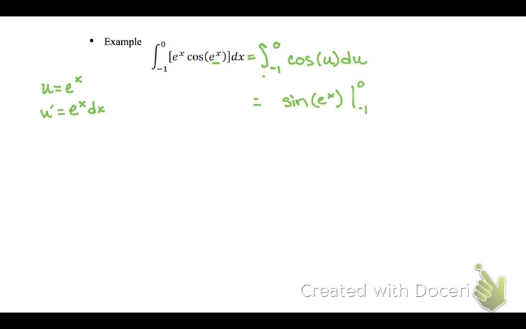Thank you, Autumn. So I have the sine of e to the 0 minus sine of e to the first. Well, e to the 0 is 1. So I need the sine of 1 minus the sine of e.